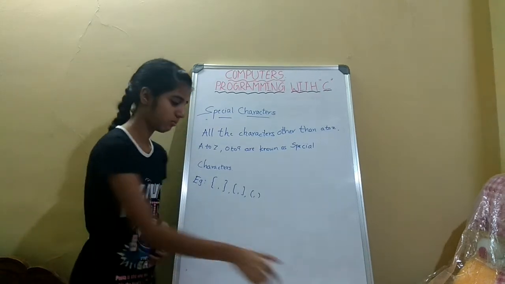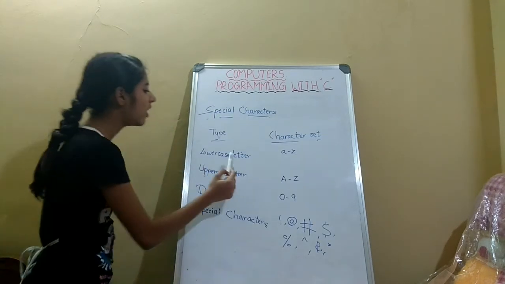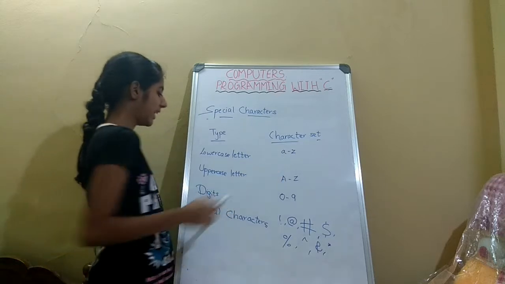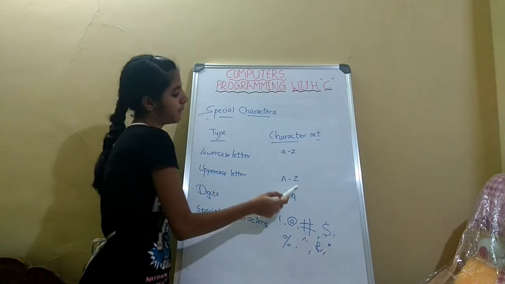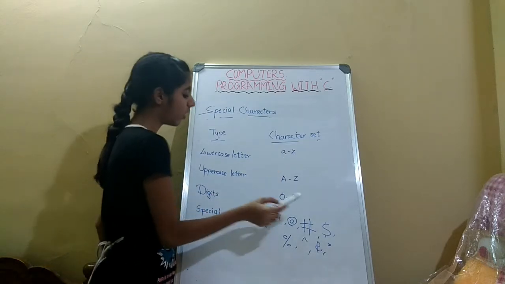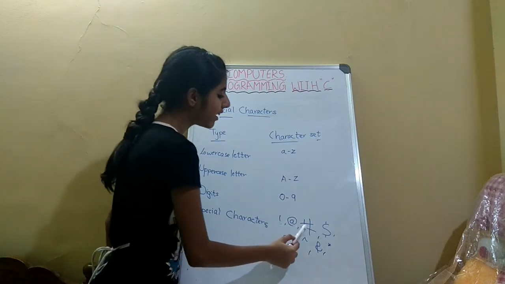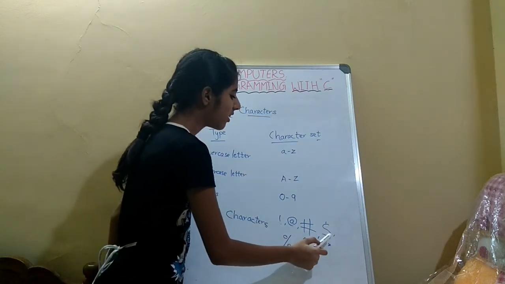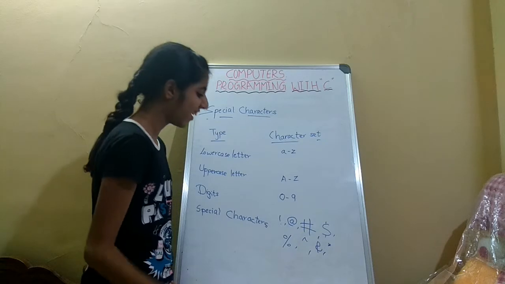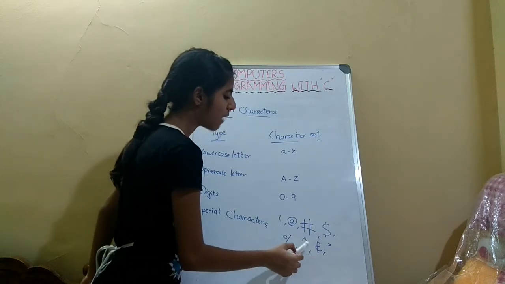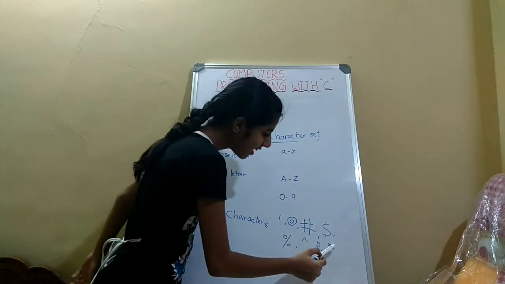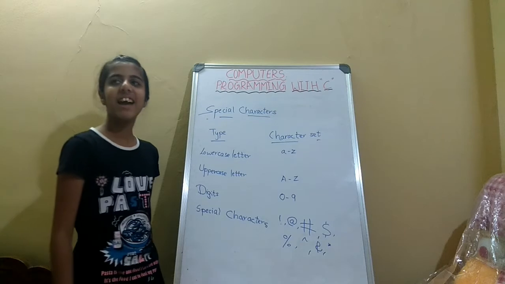Please note it down. Lowercase letters means A to Z. Uppercase letters means capital A to Z. Digits means 0 to 9. Special characters: exclamation mark, slash, dollar, percentage, ampersand, multiplication, exponent.